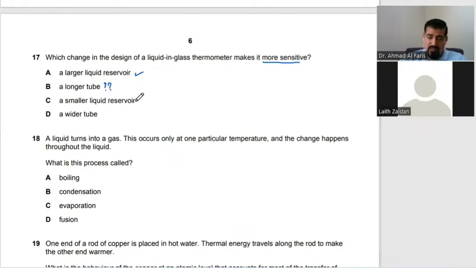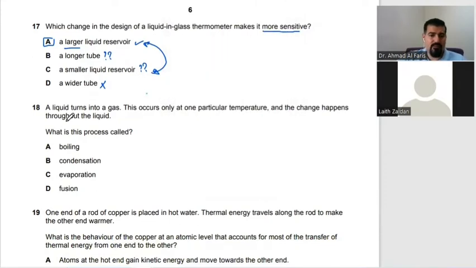Smaller liquid reservoir, no. Wider tube, no, it will not be sensitive, for sure. So which one is the answer? The answer is A. Good. So this and this are opposite, so the answer is larger, not smaller.